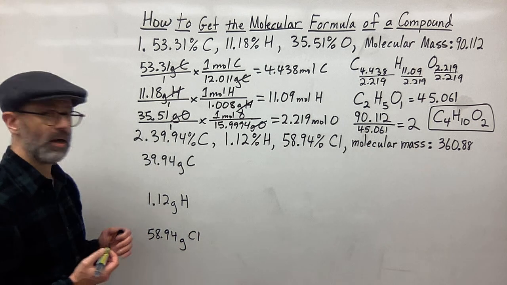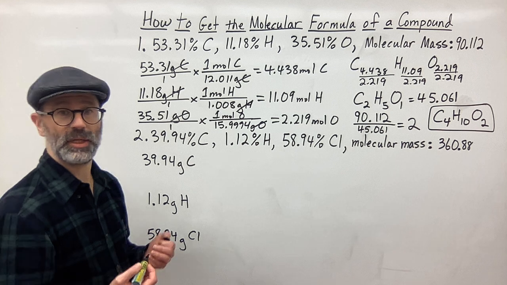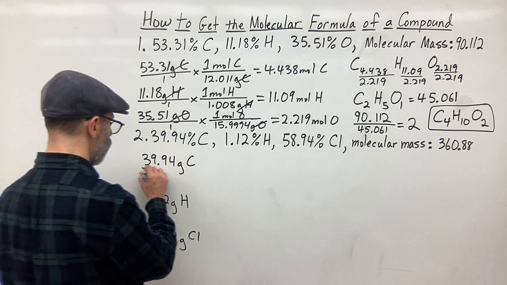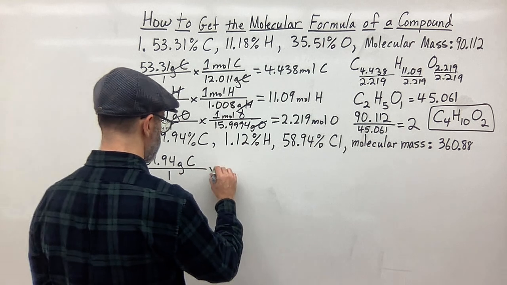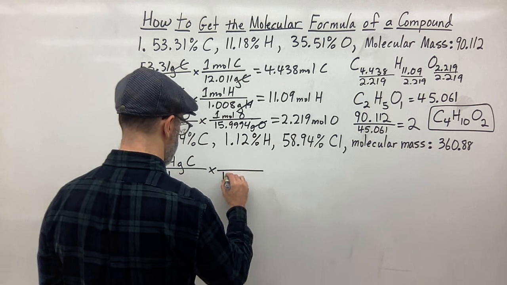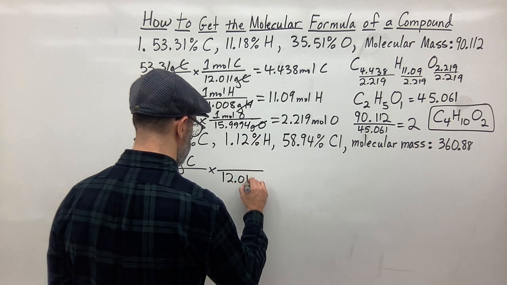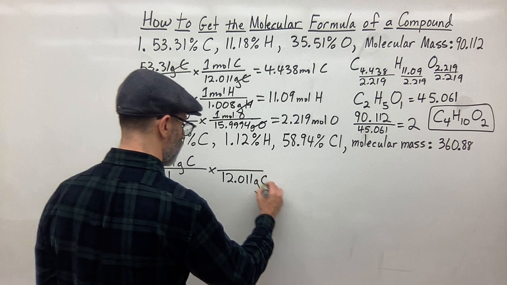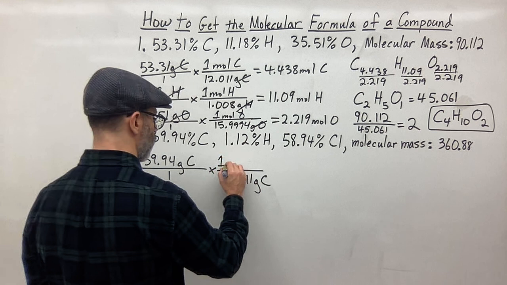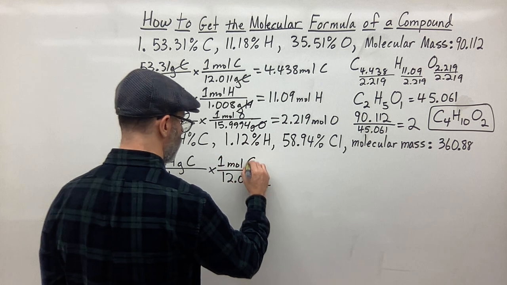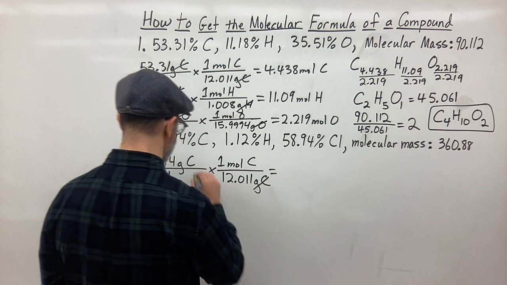Again, I'm going to use the molar mass of each element to convert to moles. So I'm going to multiply by the molar mass of carbon, 12.011 grams of carbon, and then I have 1 mole of carbon. Grams cancel out.